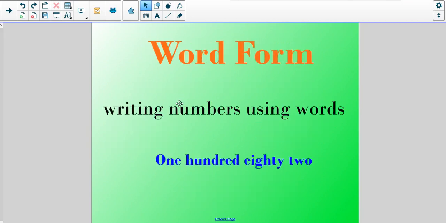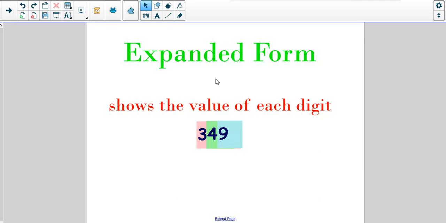Word form is writing numbers using words, such as 182. Expanded form shows the value of each digit. This is 349. The 3 is in the hundreds place, so the value is 300.